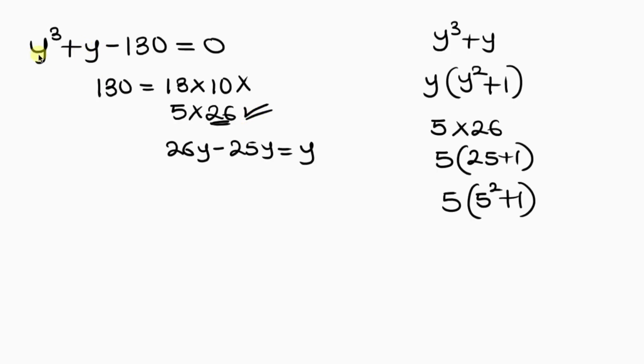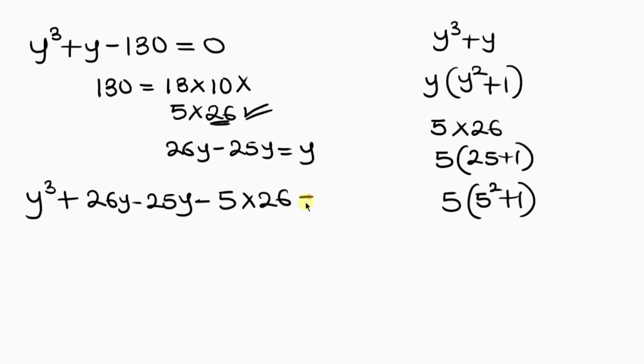So rewriting, I have y cubed plus, instead of me to write y, I'm going to be writing this, which is 26y minus 25y, which will result to y, and then minus. Now, this factor, instead of 130, I'm writing 5 times 26. Very good. And this is equal to 0.